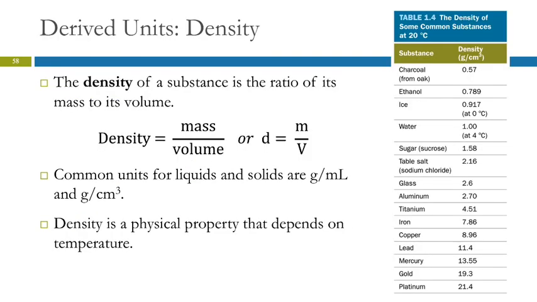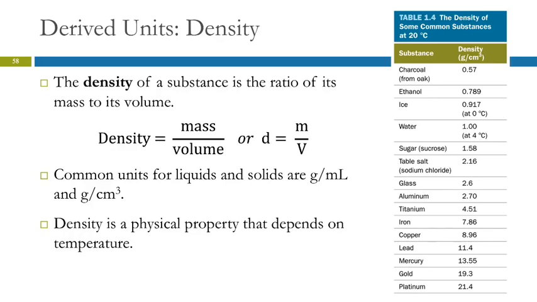Density is also a derived unit. Density is the mass of a substance or a sample divided by its volume. So we can write it out in words, or we can use letter abbreviations, D equals M over V. That's an equation that you need to know. So common units for liquids and solids for density would be grams per milliliter or grams per cubic centimeter.